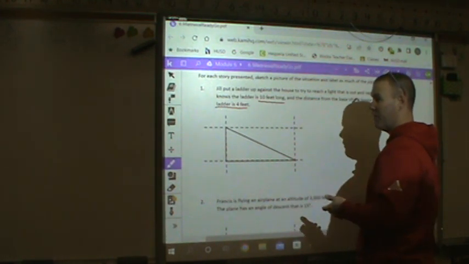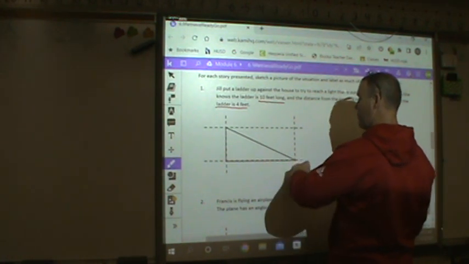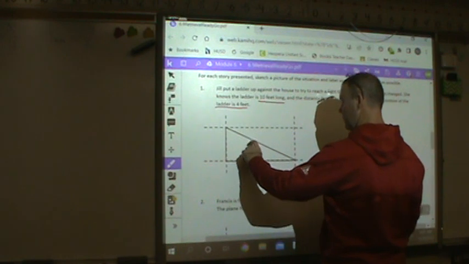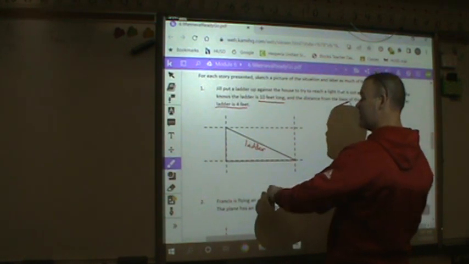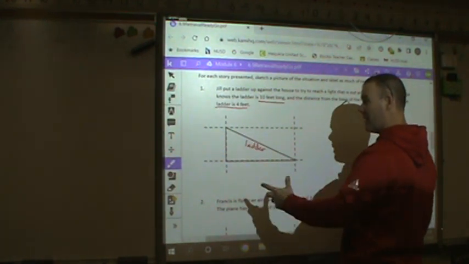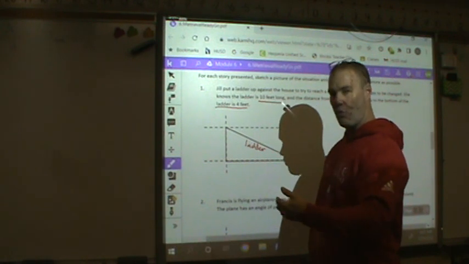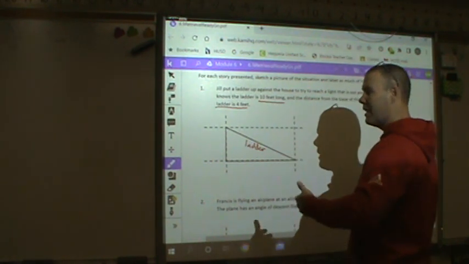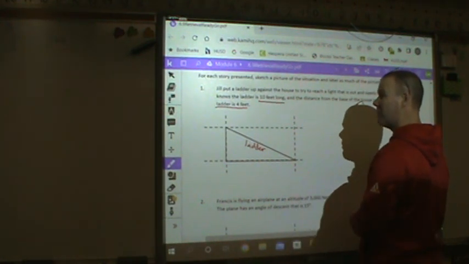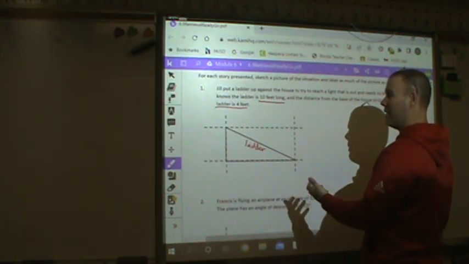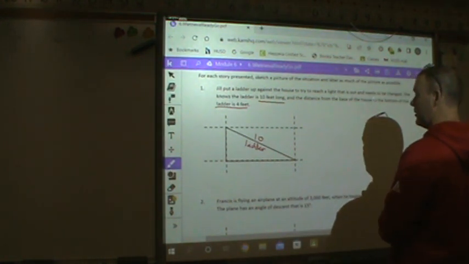I want to be specific, and I'm going to be petty, but yes, be specific. The ladder is the hypotenuse of the triangle, or the ladder is the diagonal in the rectangle. Either one should tell the person you are drawing this for, or if somebody picks up your paper and you're trying to explain to them, that it's the diagonal in the rectangle or the hypotenuse in the triangle, they should understand that that represents the ladder, and the ladder is 10 feet long.